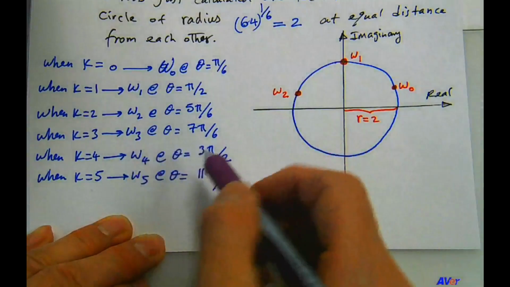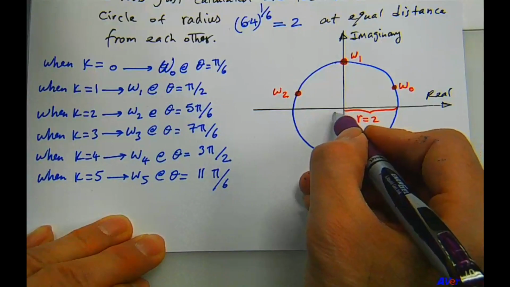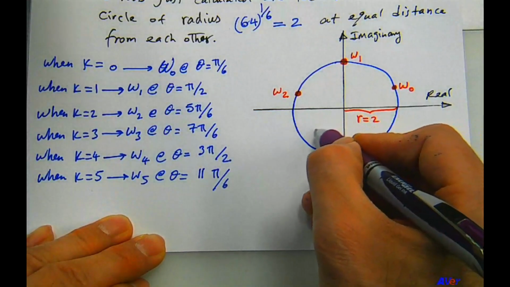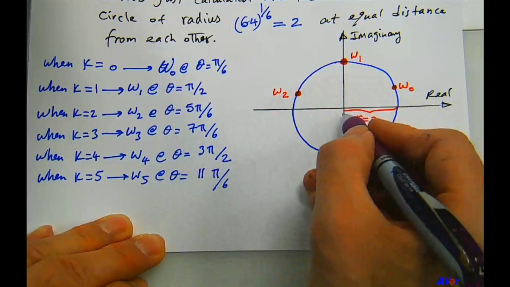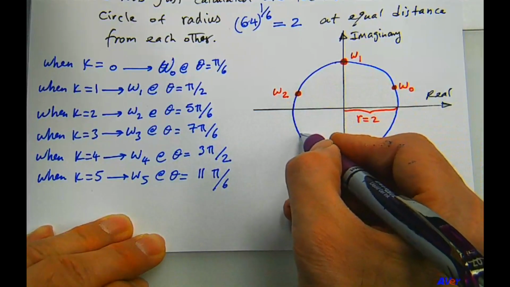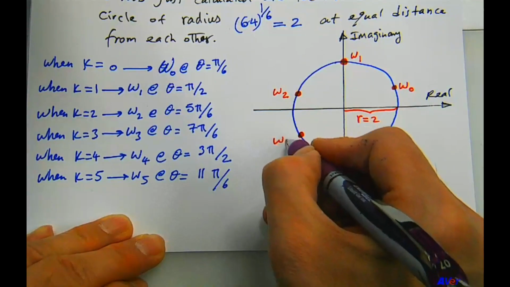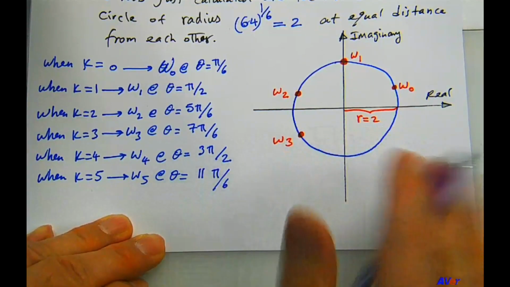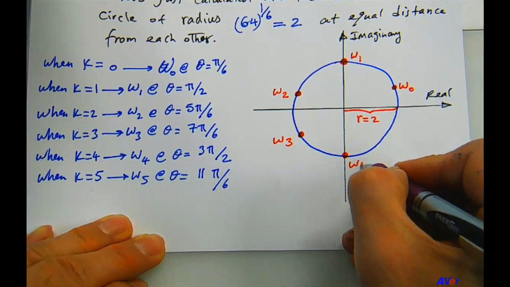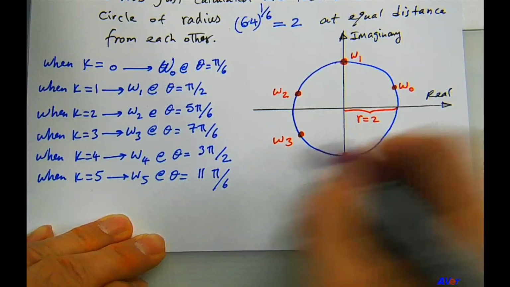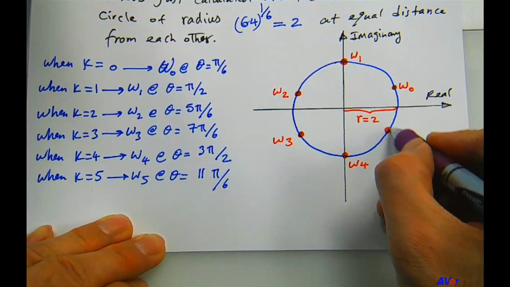Okay, and W3 is 7 pi over 6, so that should be somewhere here. Like I say, manually I can't draw these that well, but they should be at equal distance from each other. So it would be somewhere there. And then W4 would be 3 pi over 2. So that's exactly that. And 11 pi over 6 would be roughly here.